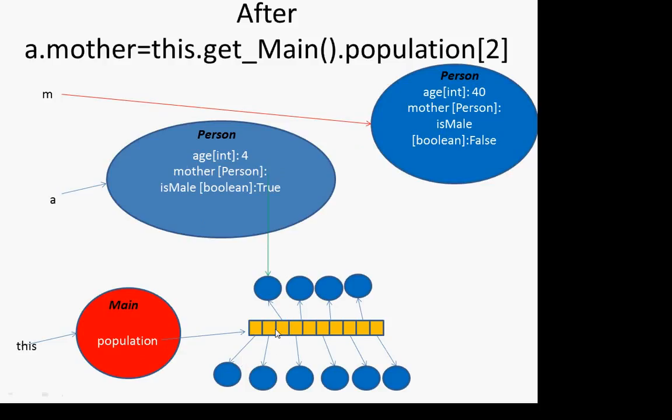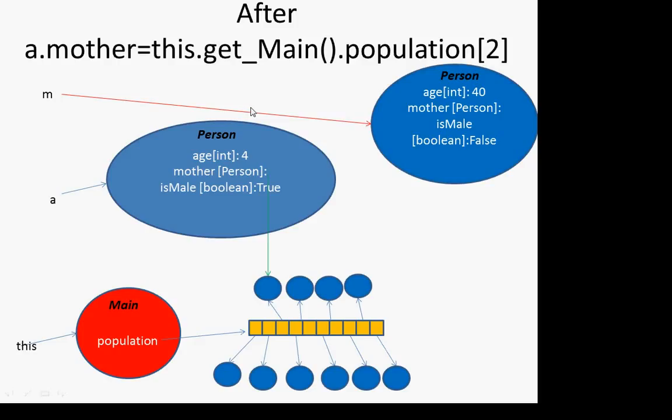And this is taking, whatever, yeah, so this whole thing is a reference to some person in the population here. And it's taking that reference and using that as the value of A dot mother.